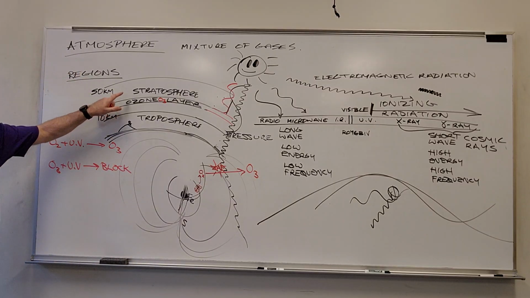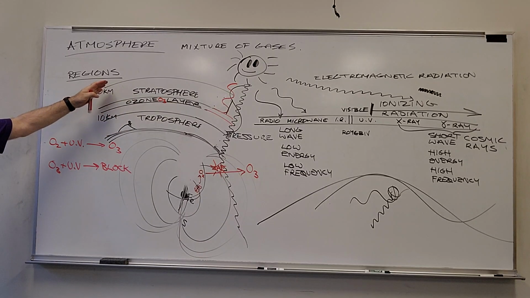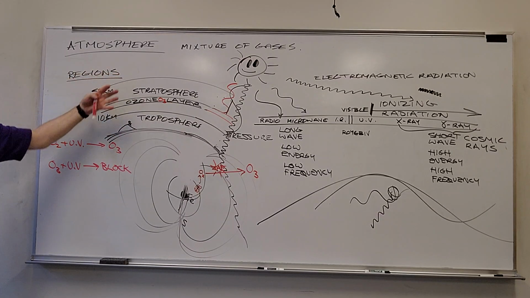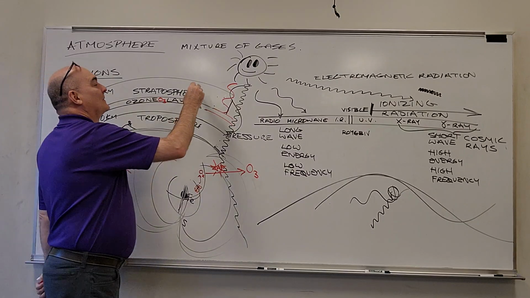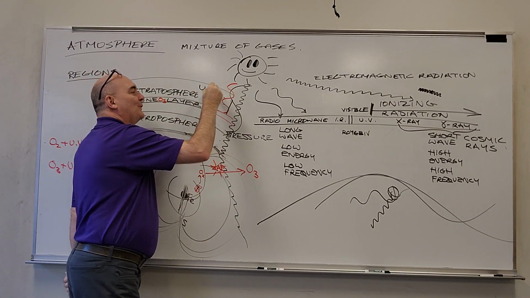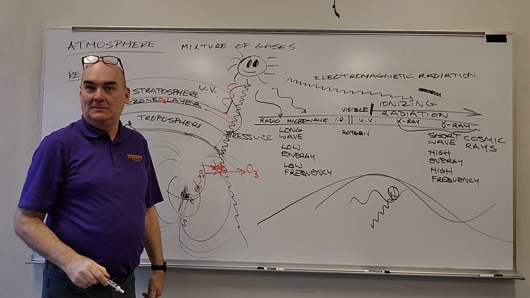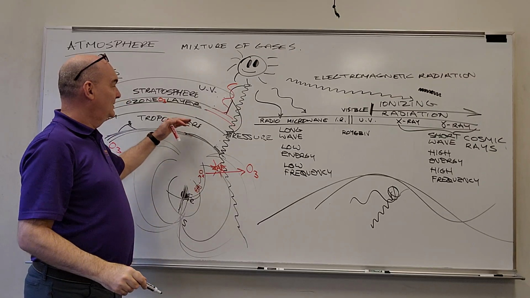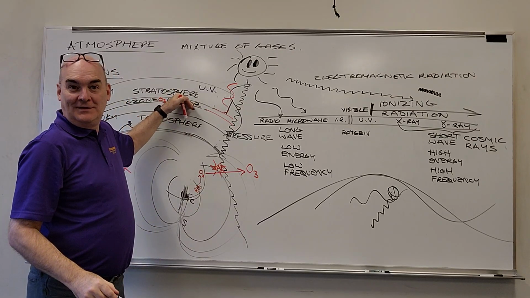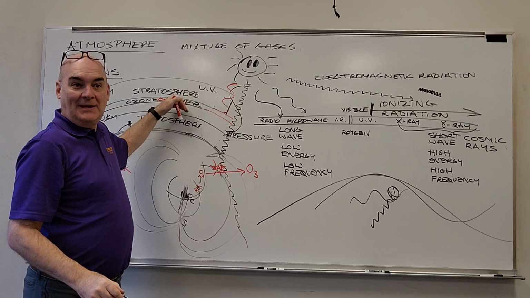The question is, what happens above the ozone layer? Things are different than what's below it. Ultraviolet roams freely here. It is absorbed by this layer.